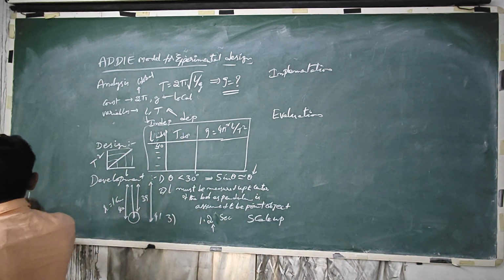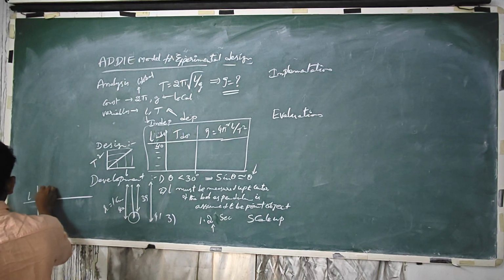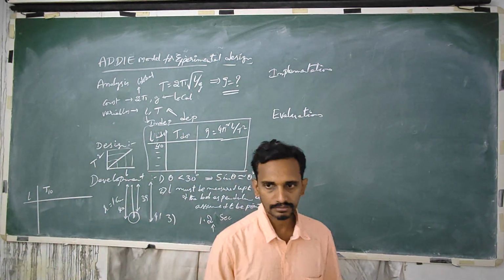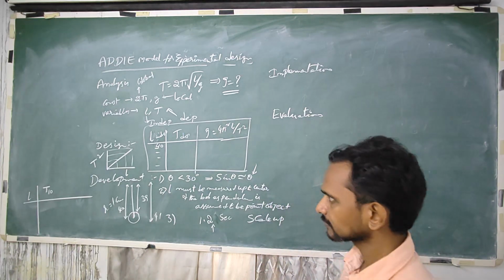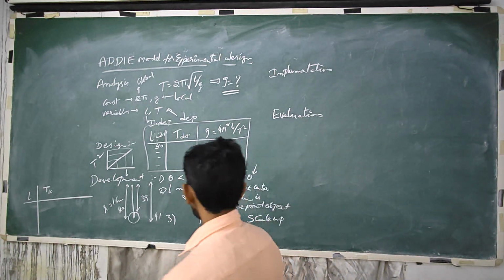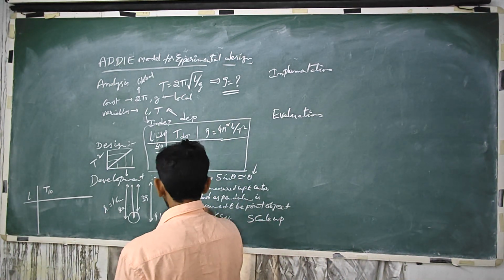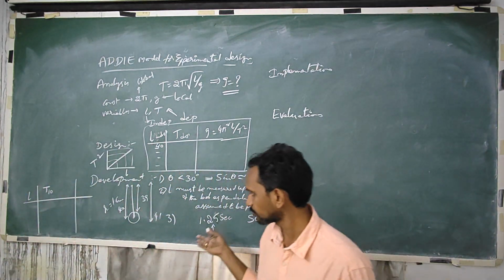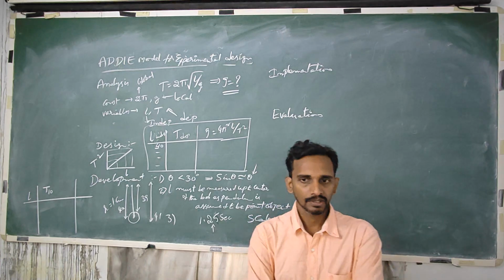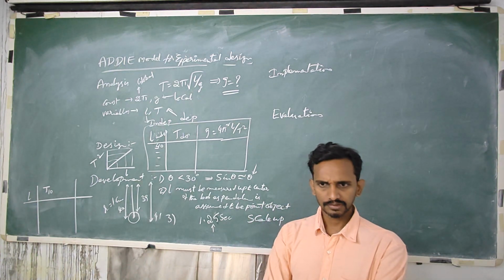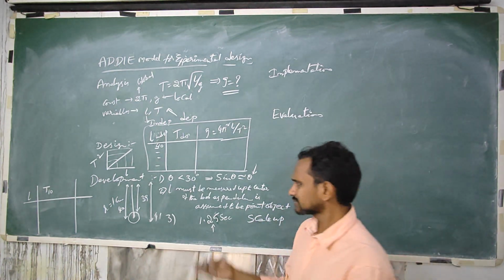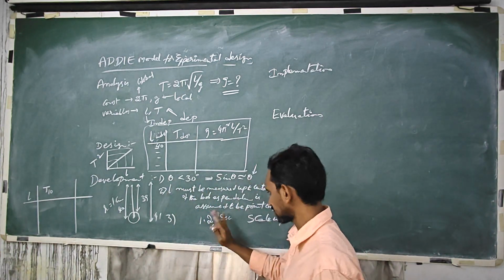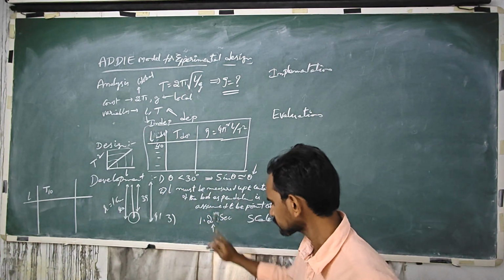So L, T for 10 oscillations. Okay, and let's say the time period is 1.25. What happens here? Okay, keep it at 1.2.